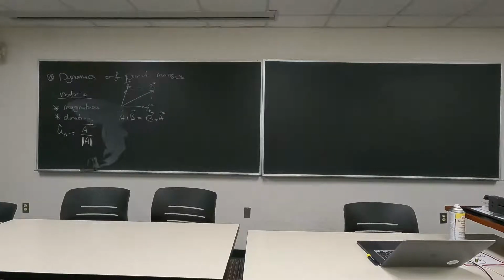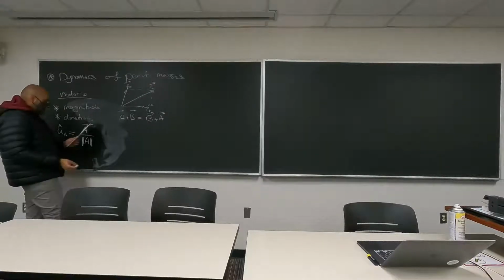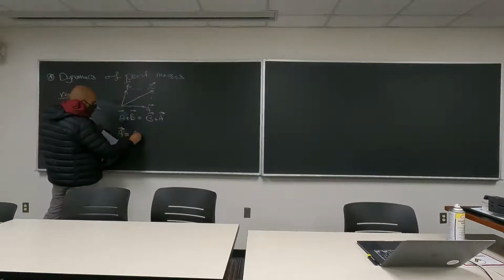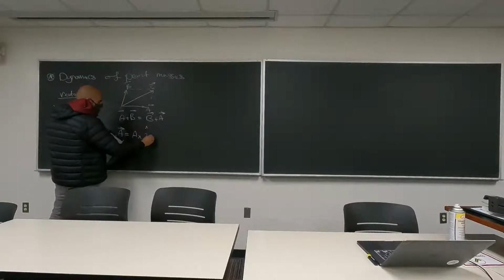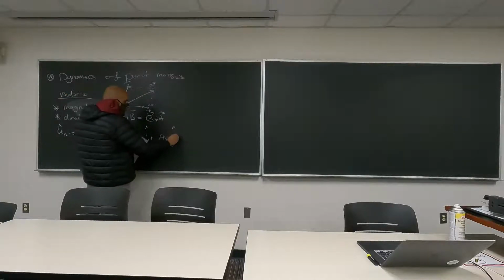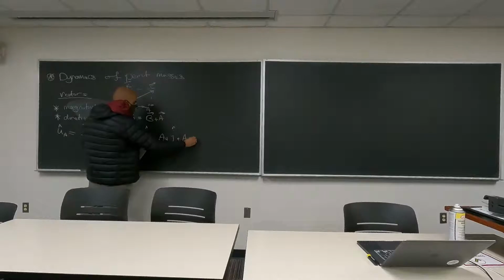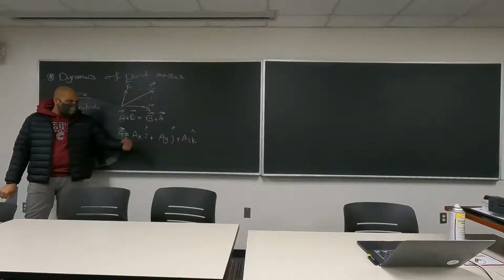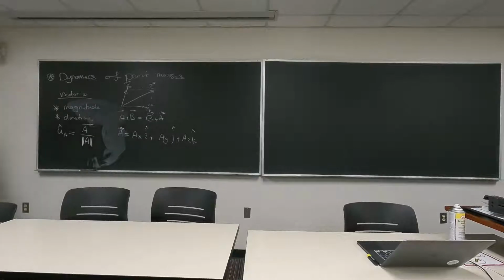So something to keep in mind when reading the text, not to be confused. Okay, so in this class, we are mostly concerned with the Cartesian coordinate system. Any vector in the Cartesian coordinate system can have 3 different components in 3 different directions. So a vector A has the x component in the i direction, a y component in the j direction, and the z component in the k direction.